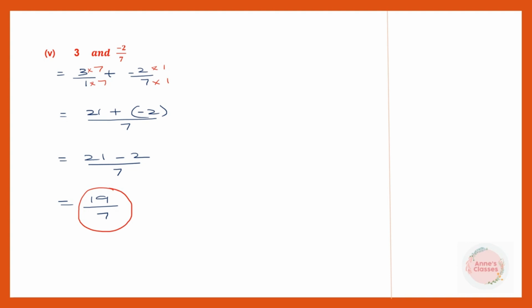Now let's change the order. So let's put minus 2 by 7 first and add 3. So this will become minus 2 by 7 itself plus 3 by 1. Now we have to find the LCM. The LCM is 7. Now here it is 7 into 1 is 7. So minus 2 into 1 is minus 2 plus, next we have 1, 1 into 7.